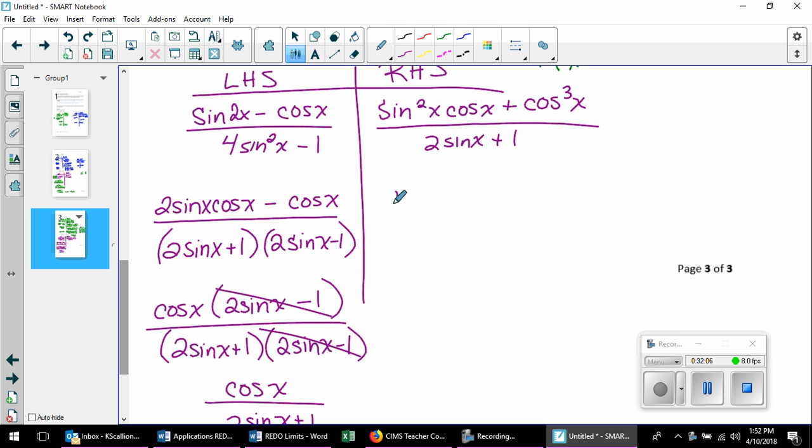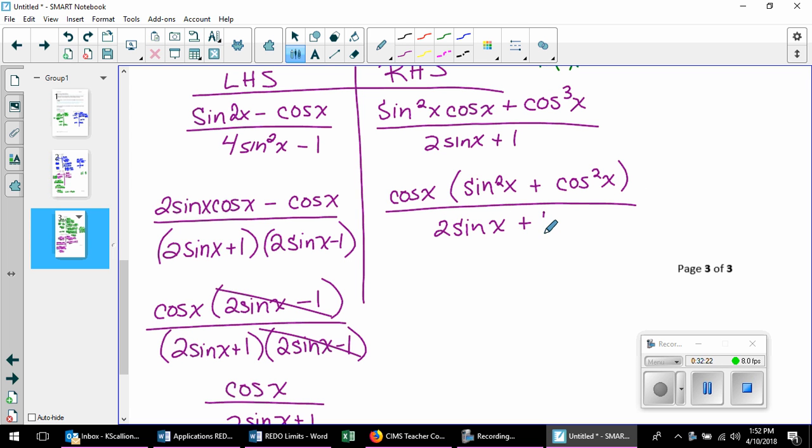So if you take a single cos out, you're left with sine squared x plus cos squared x all over 2 sine x plus 1. Does anybody see anything? This compared to an identity, which is equal to 1. Oh my gosh.